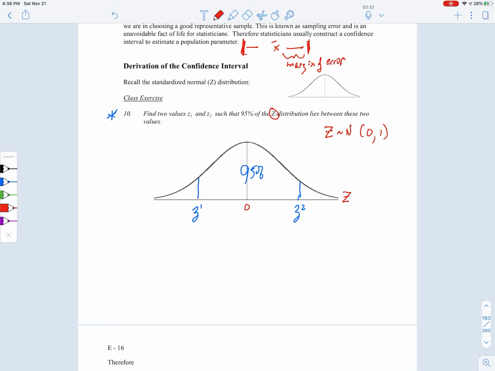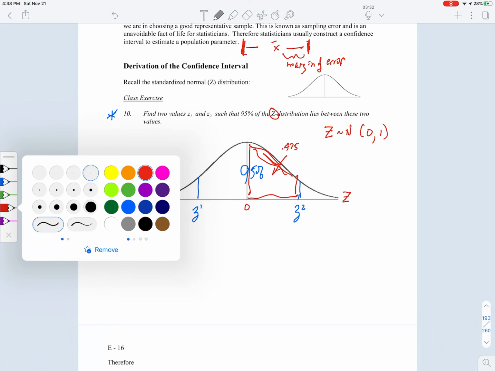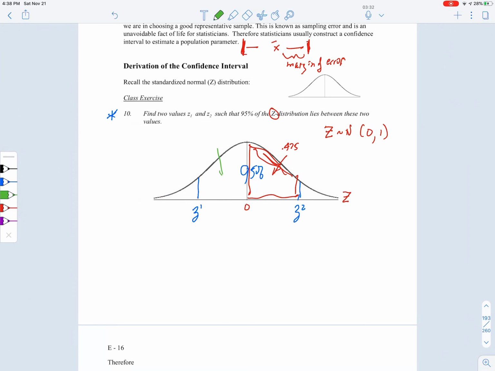And so it's symmetric, and what we have here then is that 47.5% would fall in this area here, and then we would have another 47.5% in here. And then, of course, we would end up with 2.5% in here, 0.025, and 2.5% here. That's what the thing would look like. And we want to find, well, what are the Z values that have those proportions here?